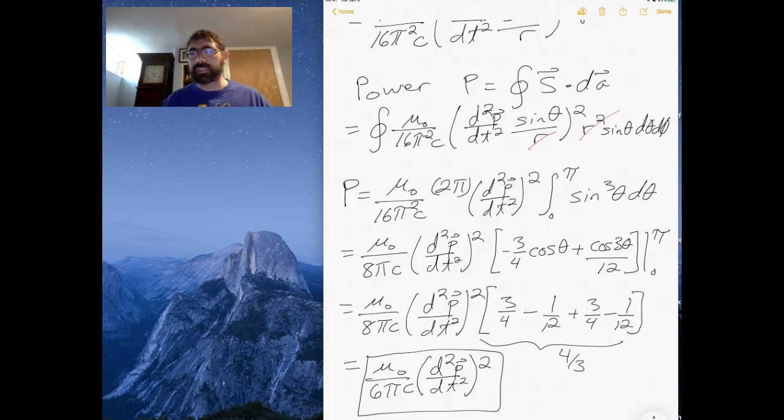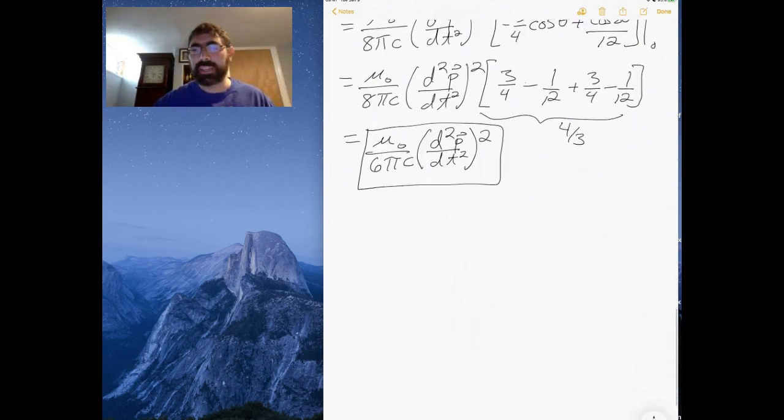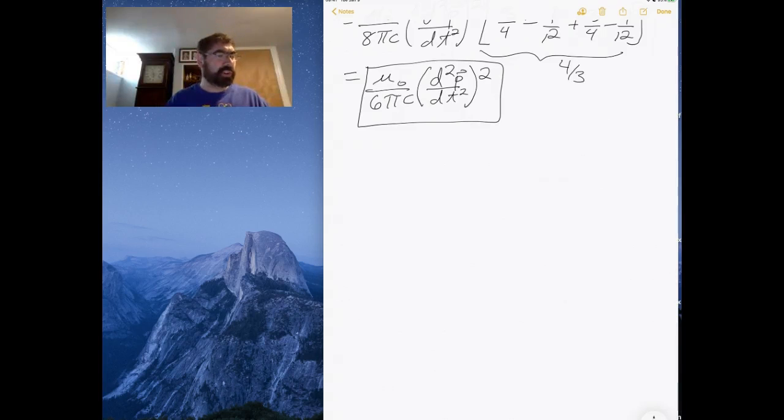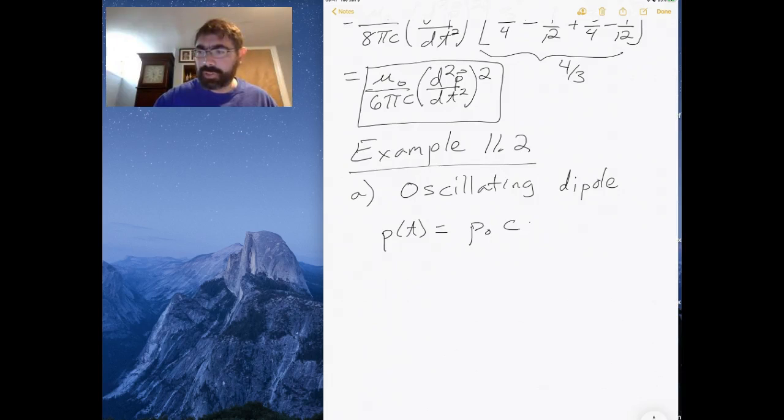Okay, so next what I'd like to do is to now consider a particular case, and that is our oscillating dipole. So, for example, 11.2, the first one is the oscillating electric dipole. So we wrote the dipole moment as P0 cosine omega t.